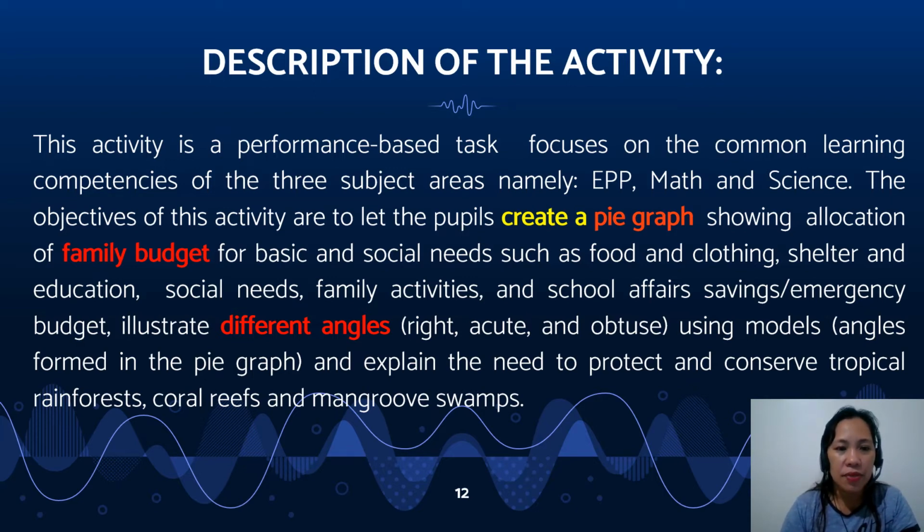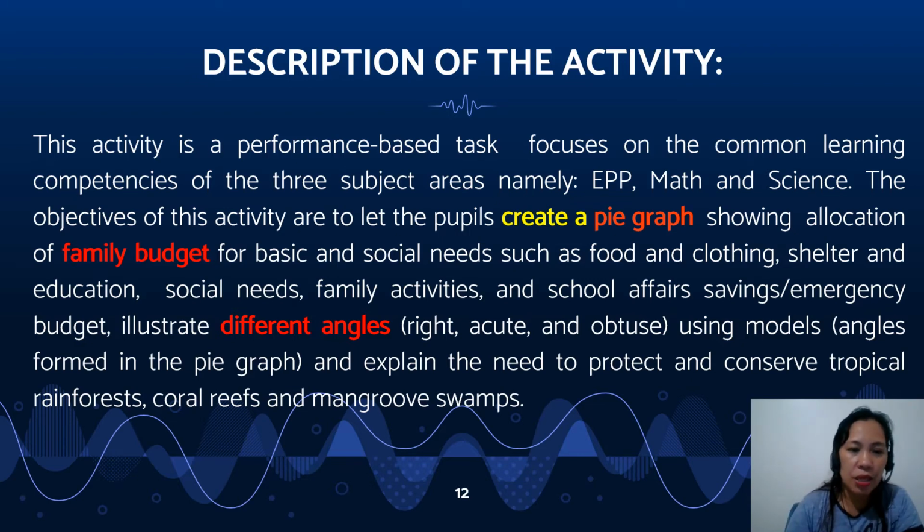The objectives of this activity are to let the pupils create a pie graph showing allocation of family budget for basic and social needs such as food and clothing, shelter and education, social needs, family activities, and school affairs, savings, or emergency budget.